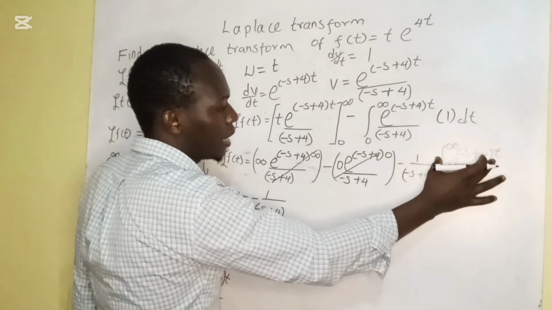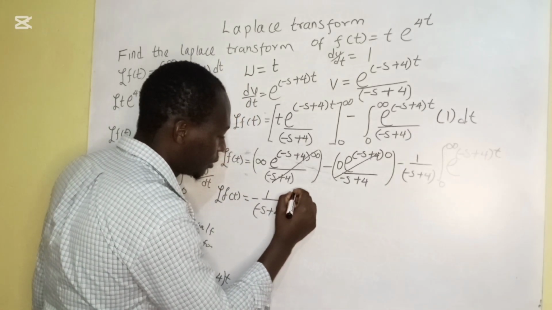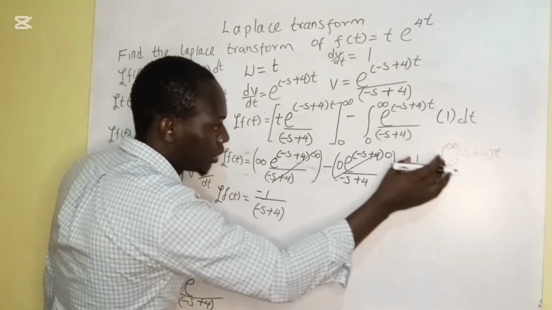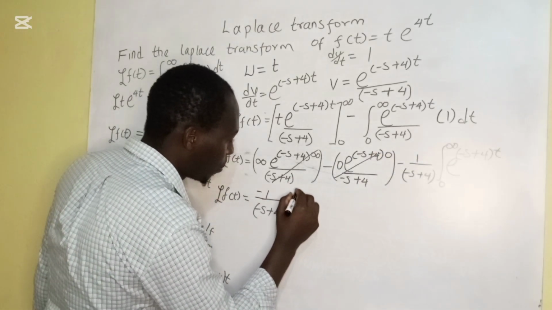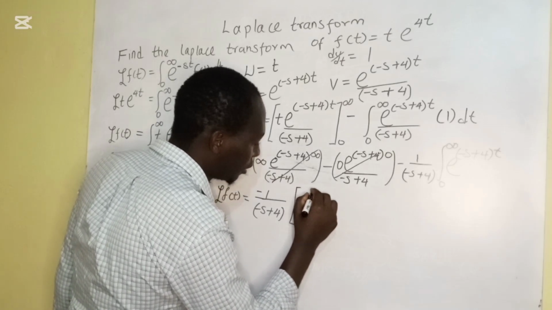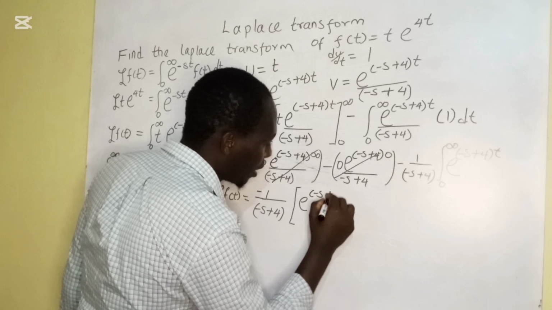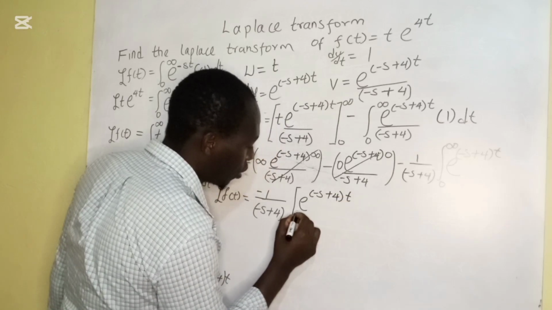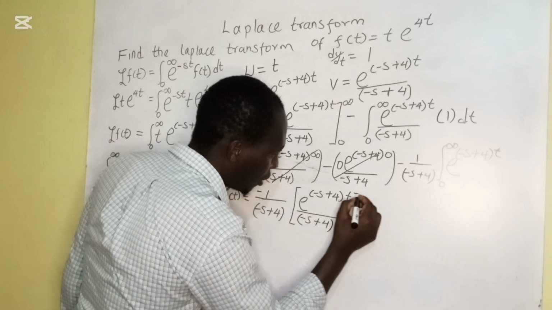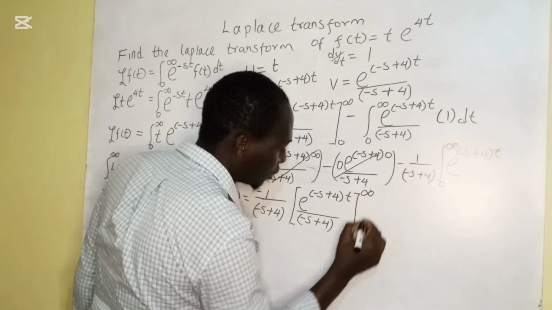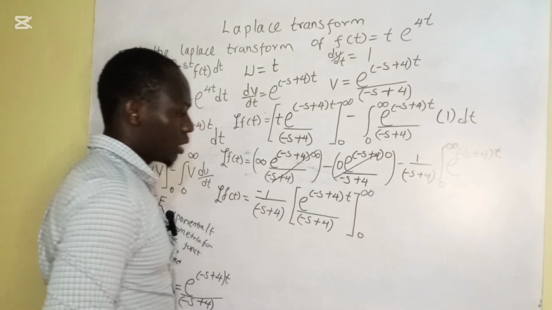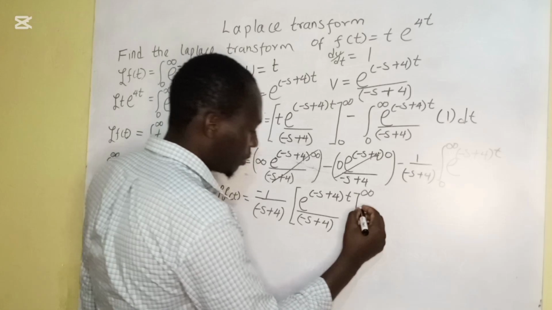When we integrate our exponential here, we are going to have negative exponential negative (s + 4)t all over negative (s + 4). And our integration is with respect to our limit, that is the upper limit and the lower limit. Let us work out with our limits here.